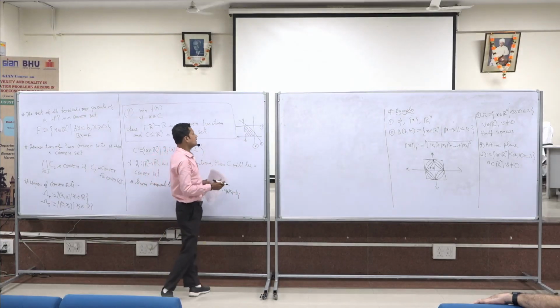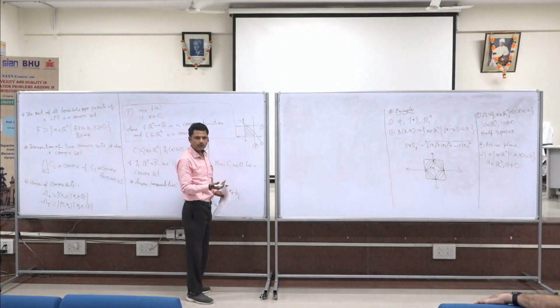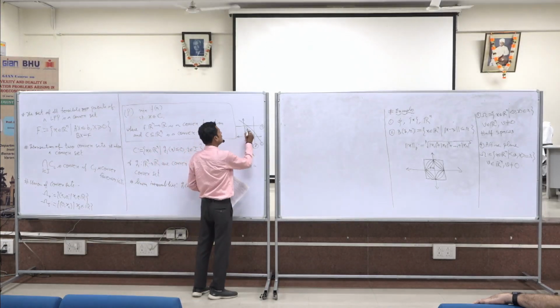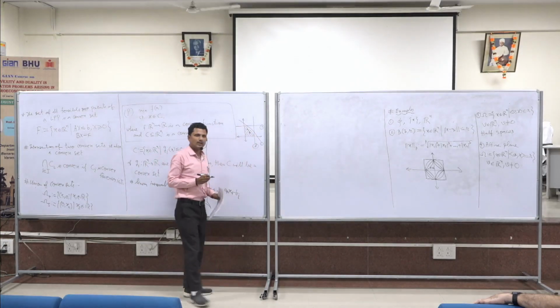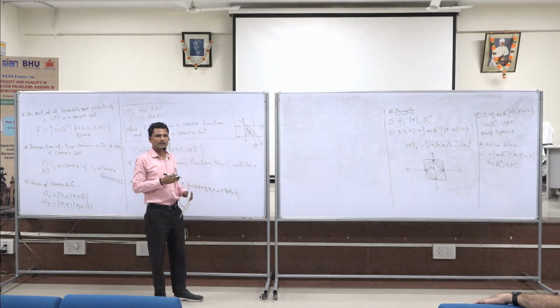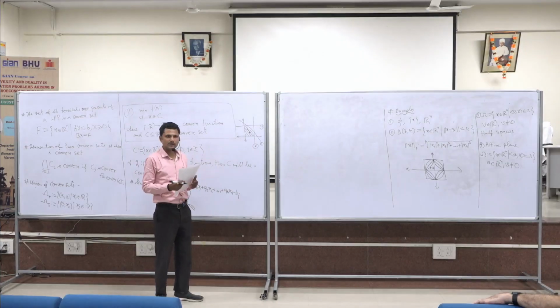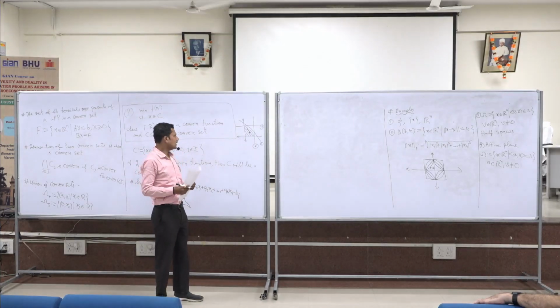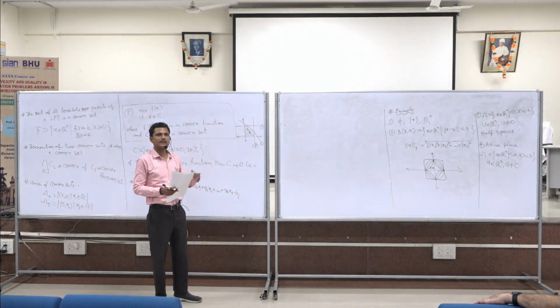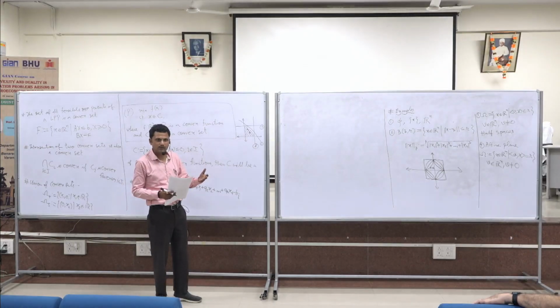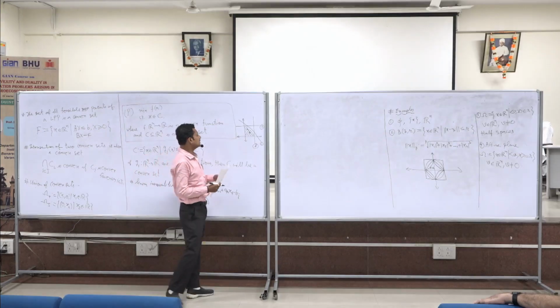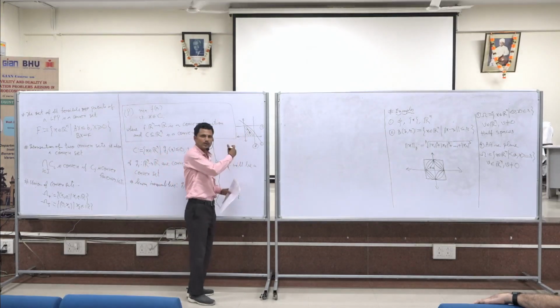So how to check? One way is the direct definition: you take any two points in that set and the line segment must be inside that set. The other way is to use the fact that the intersection of convex sets is also convex. You can see that this is an intersection of half spaces.